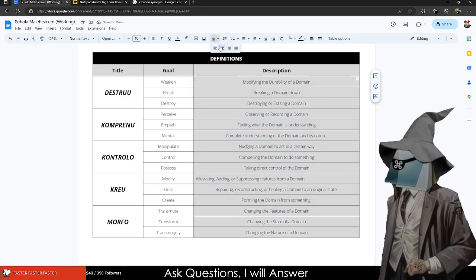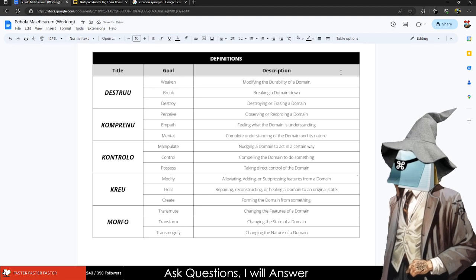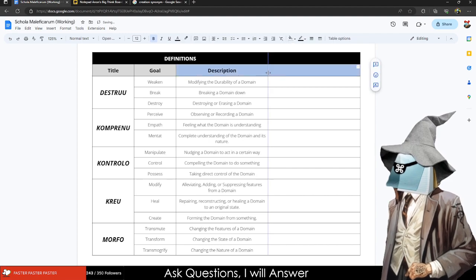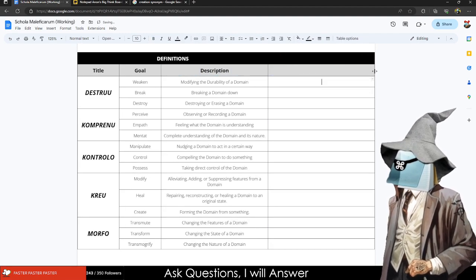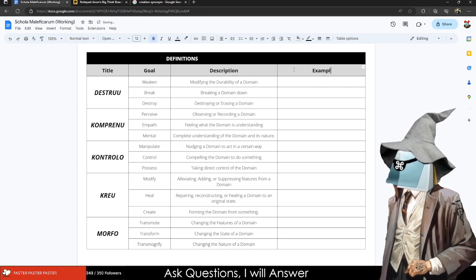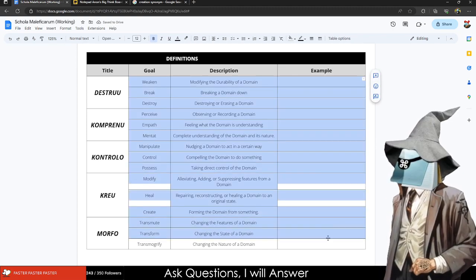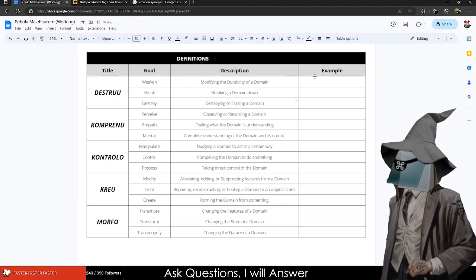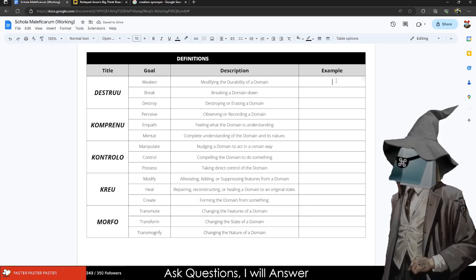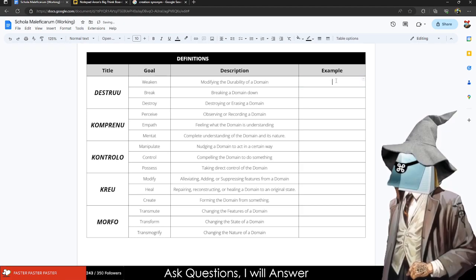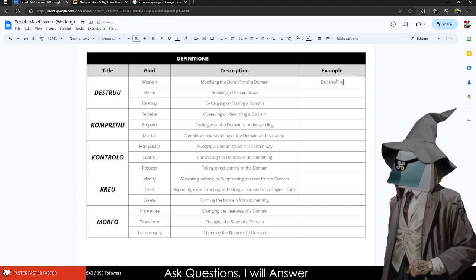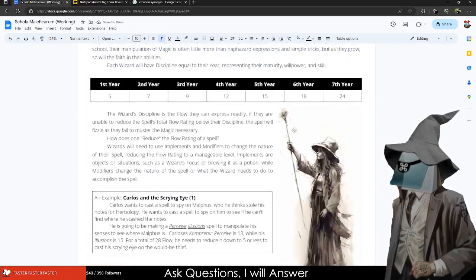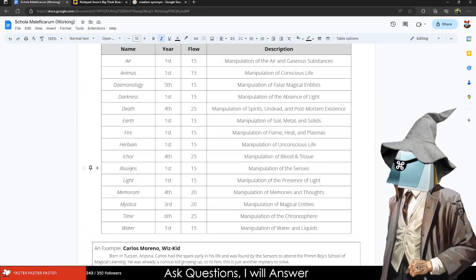So we do this, we add something like this, and we put like an example. What would be a good domain to use?